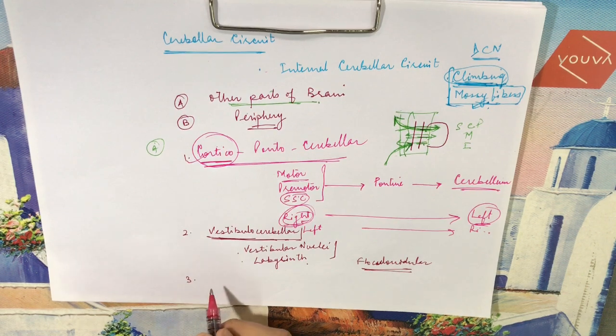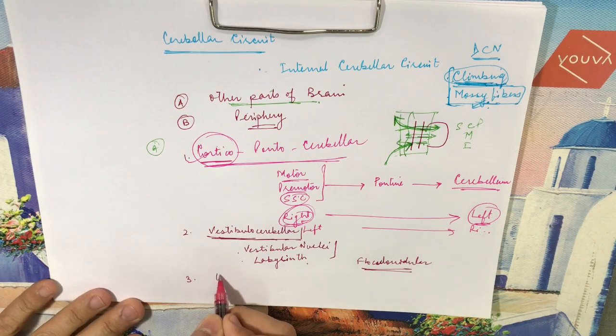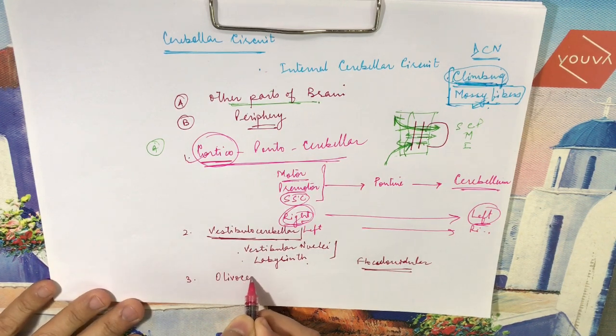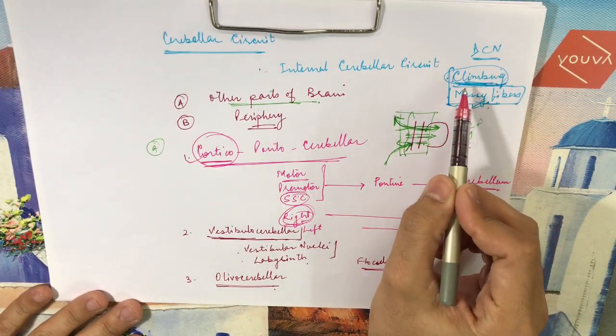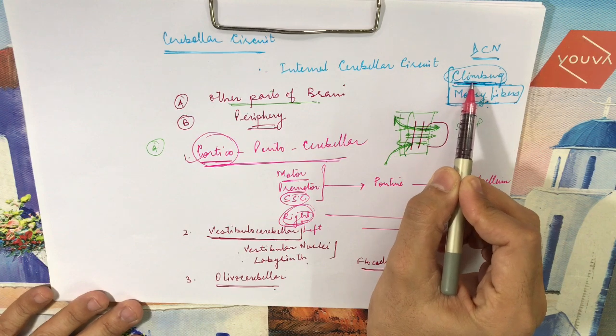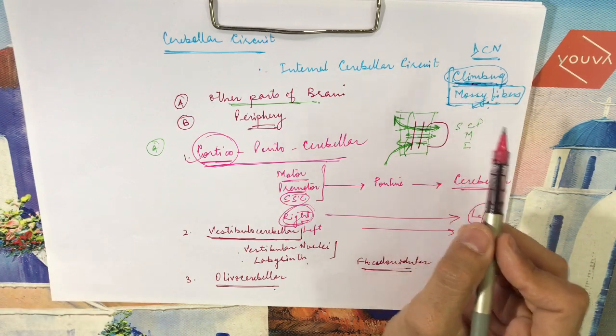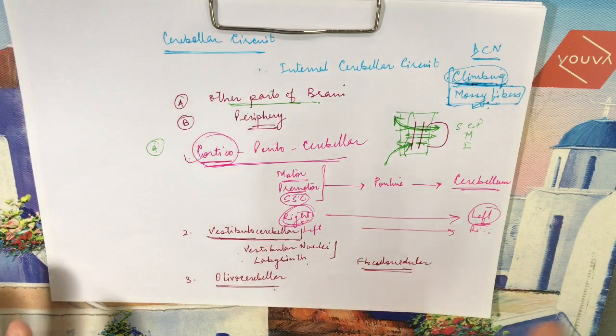Now the third one is the olivocerebellar. If you can recall, the olivocerebellar tracts enter via the climbing fiber, and the rest of the pathways enter via the mossy fiber.